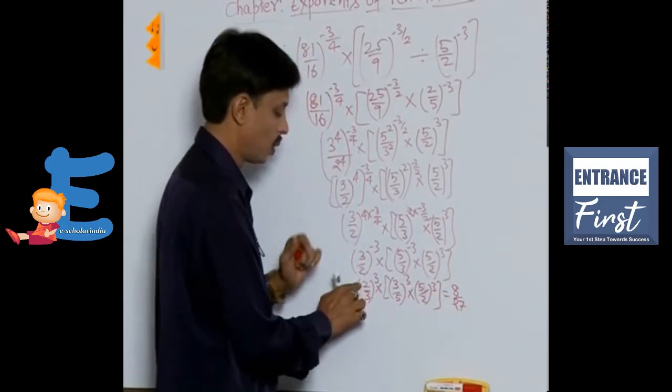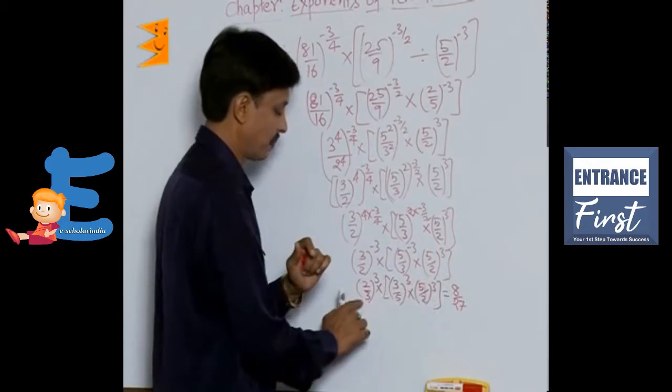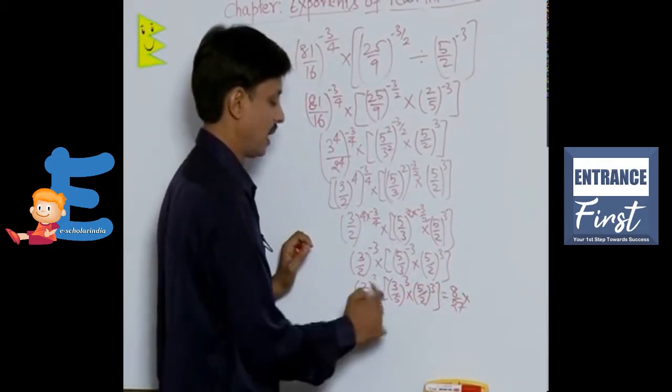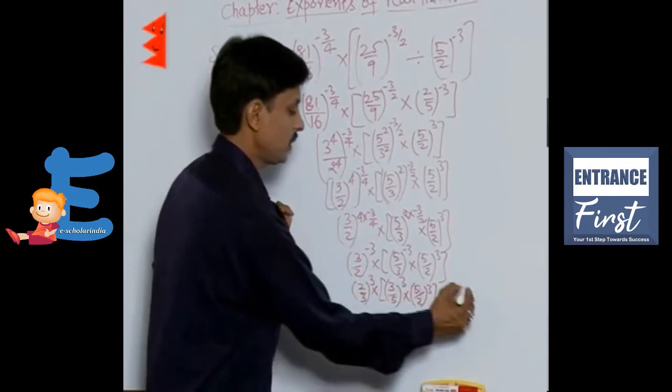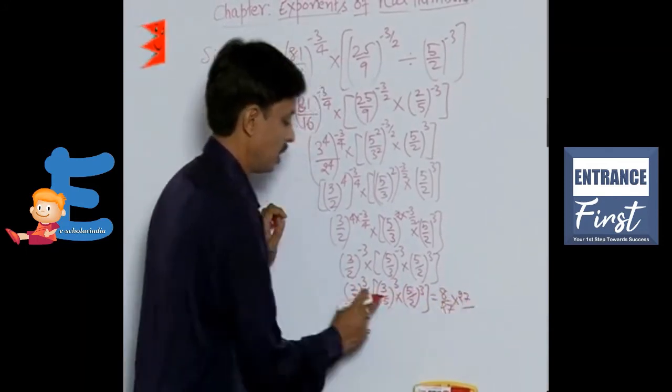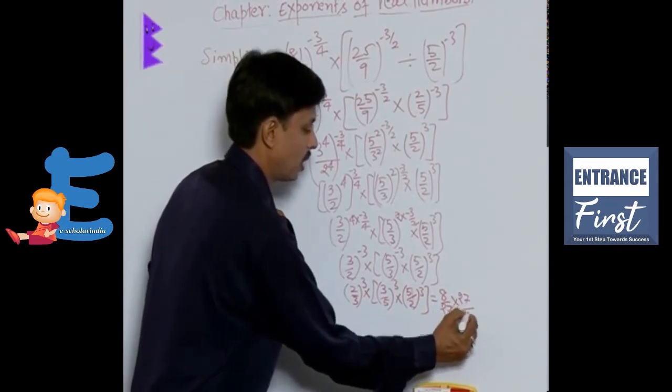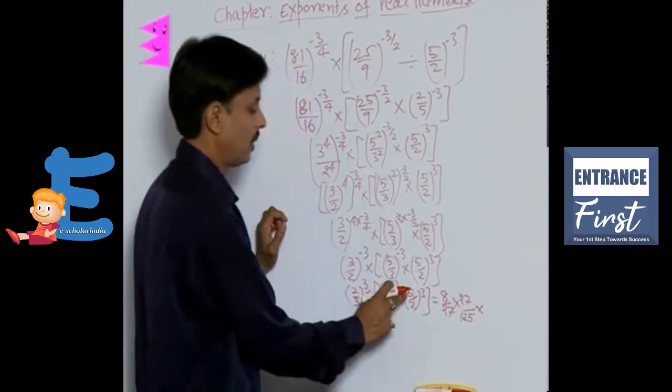That is 2, 2, 2, 3 times multiplication, 8, and 3, 3, 3, it is 27. Multiplied by (3/5) cube, it is 27, and 5, 5, 5, this becomes what? 125.